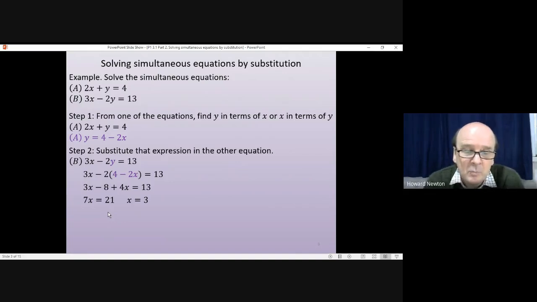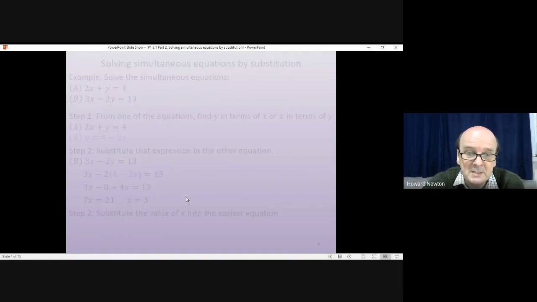The way you find y is by choosing any of the equations and substituting x equals 3 into it. Now, I've left this equation here that we worked out ourselves in purple because that is always the easiest equation to use. So you can use any of them, but this equation tells us how to find y. It says y is equal to 4 minus 2x.